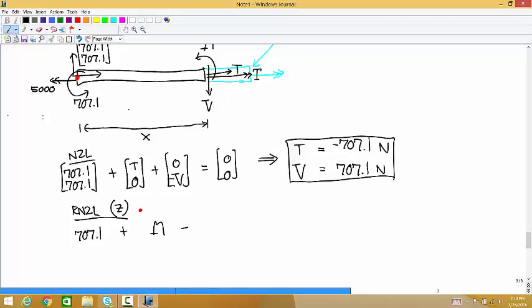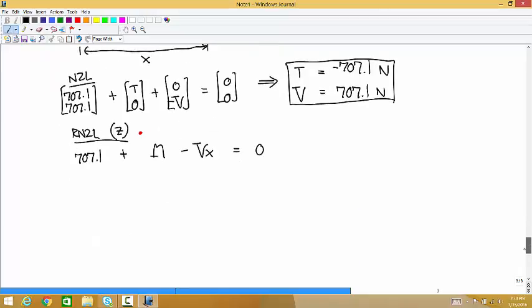And that would produce a clockwise rotation, so this is minus Vx is equal to 0. And so M is equal to negative 707.1 plus Vx. And so M is equal to negative 707.1 plus 707.1x.